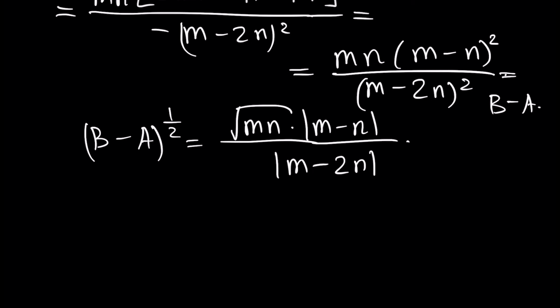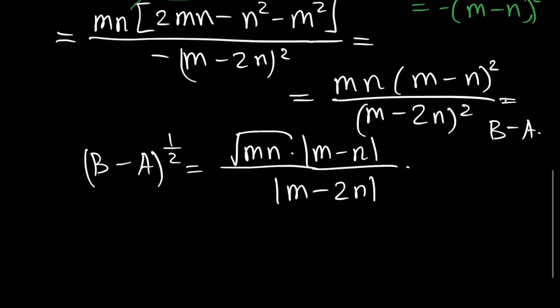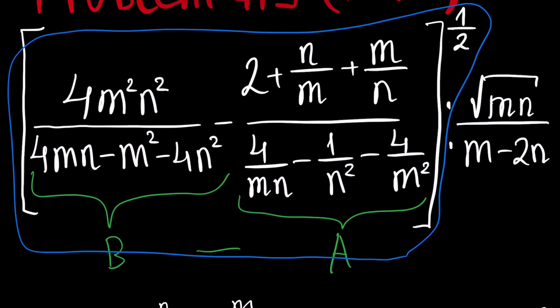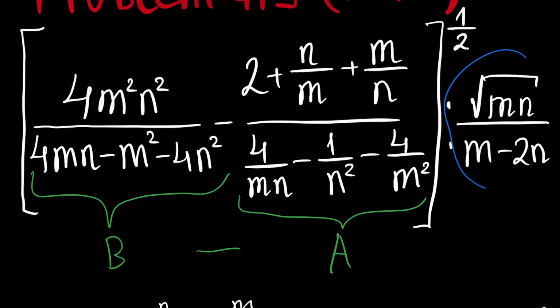Now, at the moment, we know B minus A to the power 1 over 2, or the square root of B minus A. We simplified just this part of our problem. Next, we have to divide this simplified part by this expression.